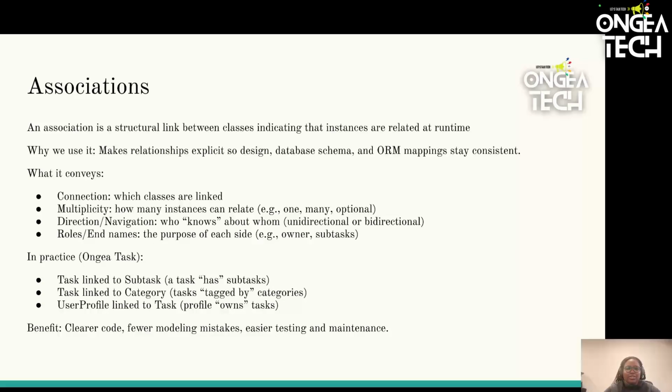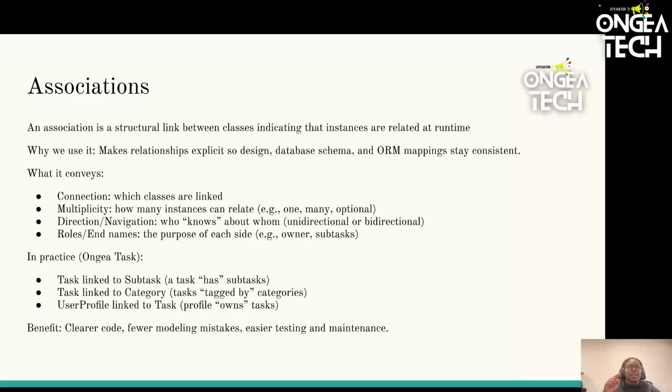And then it also shows direction. Direction shows something like inheritance. I know in our example we don't have inheritance yet, but we could have a system that has that, and it's important to show it.